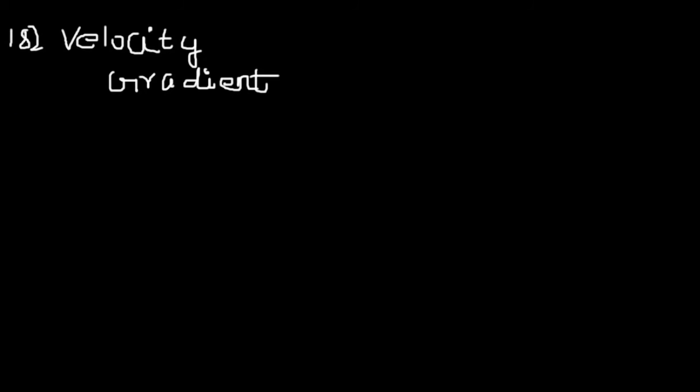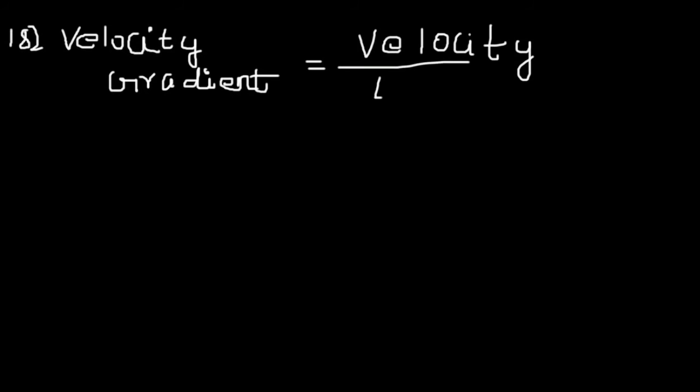The next derived physical quantity is velocity gradient. Don't worry about the gradient. Gradient means dividing by length. So we can say velocity by length. The dimensional formula for velocity is L T power minus 1 and length is L. So this L can be cancelled as basic math.